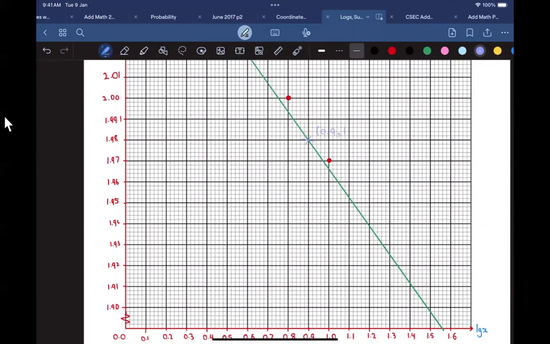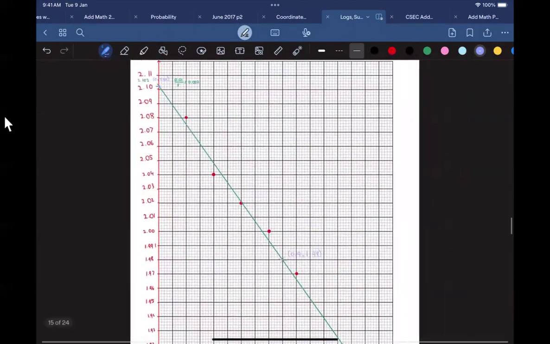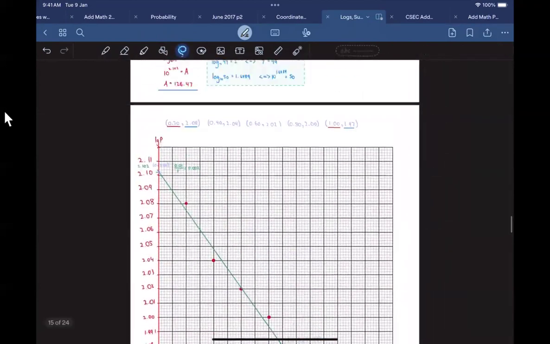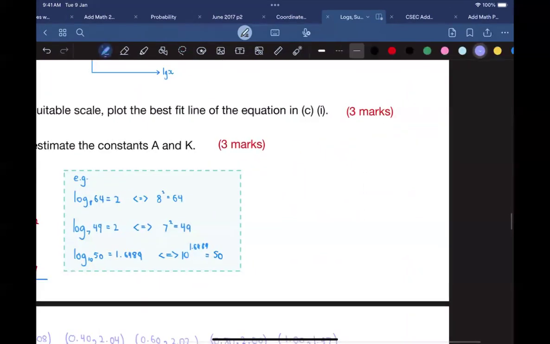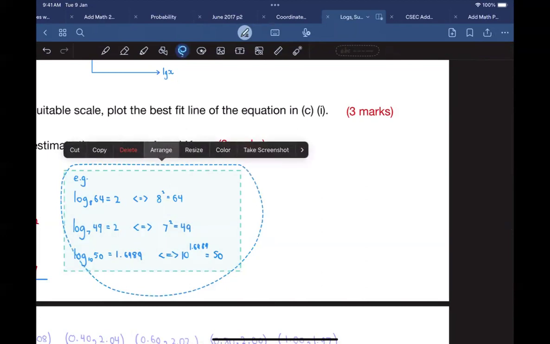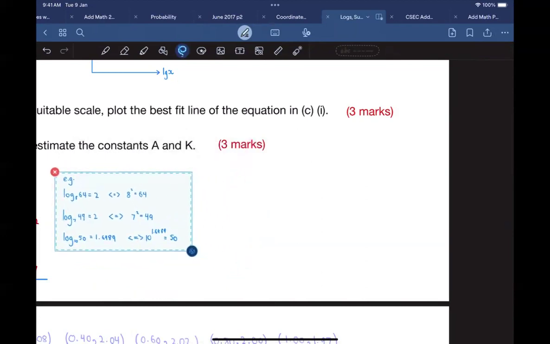Awesome. And now that we have the 2 points, we can find the gradient. You remember the formula for gradient? Yeah, y2 minus y1 over x2 minus x1.